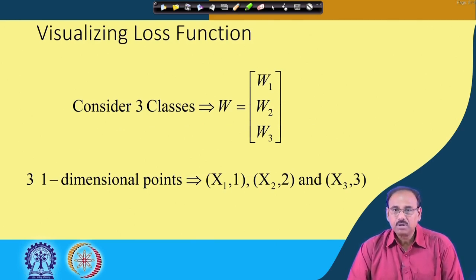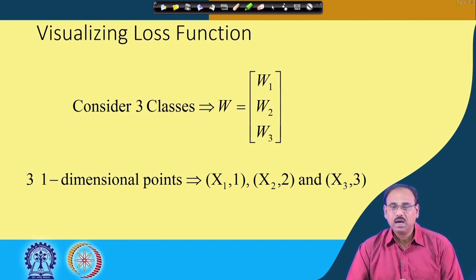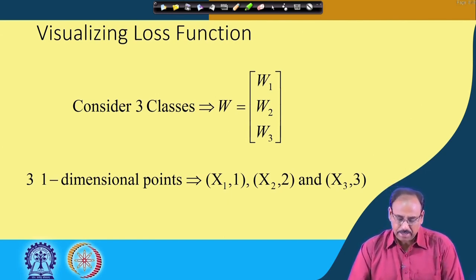So, suppose I have got 3 classes given by the weights W1, W2 and W3, and as I said, I am considering one dimensional vectors. So, each of these W1, W2, W3 are scalars. And I also take three one dimensional training points, x1 taken from class 1, x2 taken from class 2 and x3 taken from class 3.